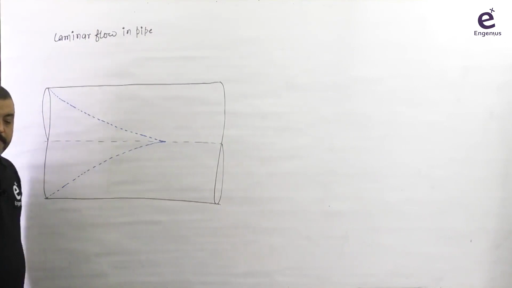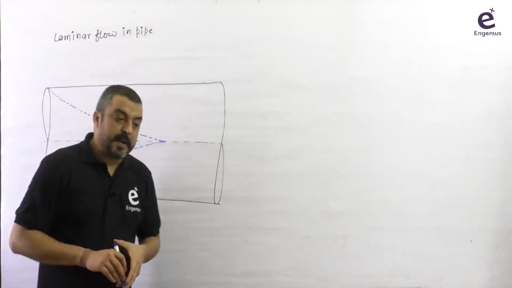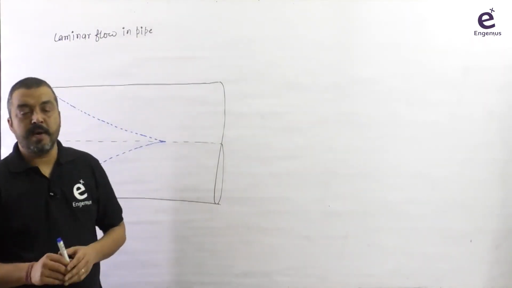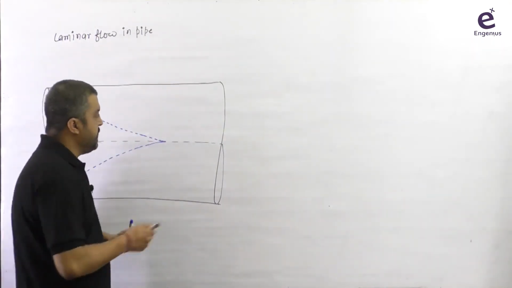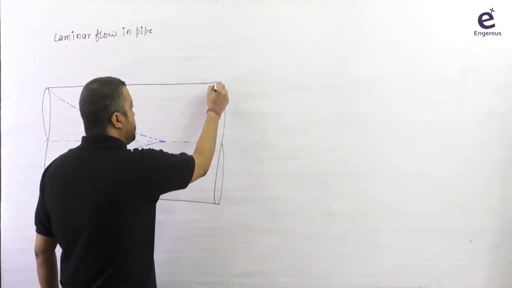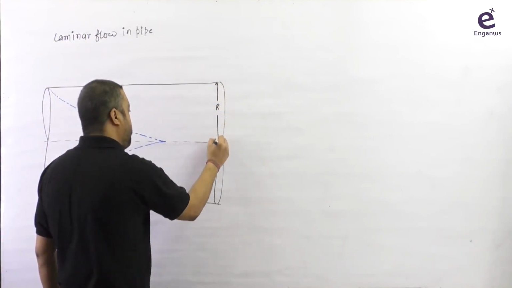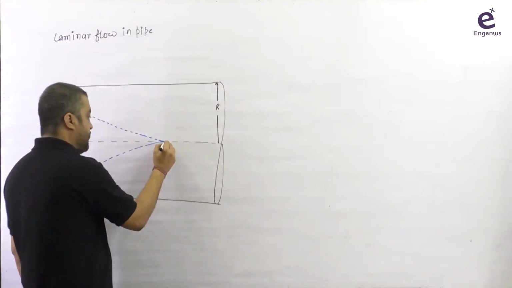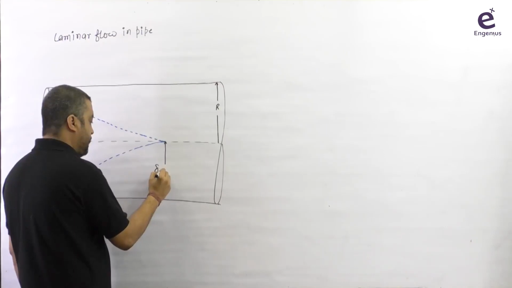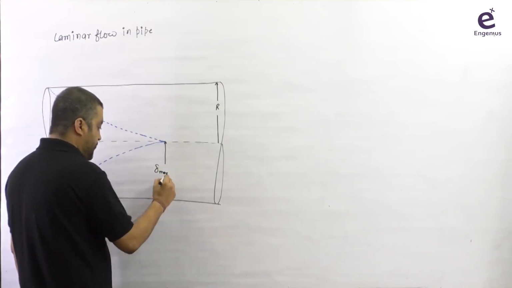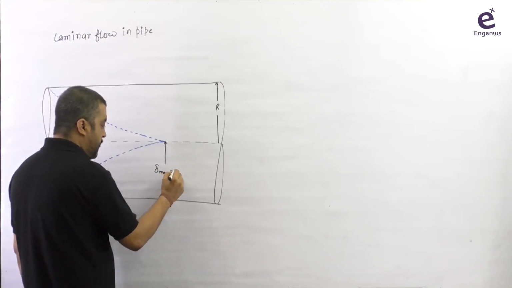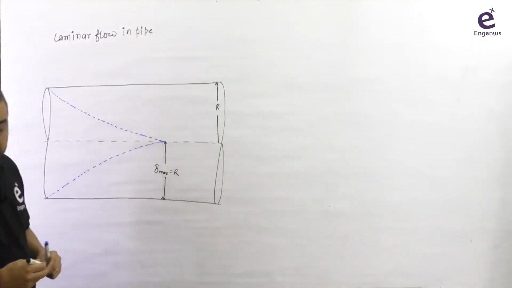So in this case, first of all, for the piping system, the maximum boundary layer thickness that is possible is the pipe radius. So if the pipe radius is R, then delta max, the maximum boundary layer thickness in case of piping system, is equal to R, that is the radius of the pipe.